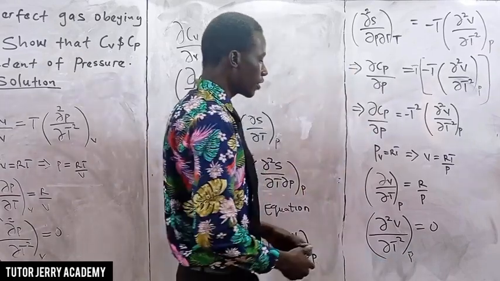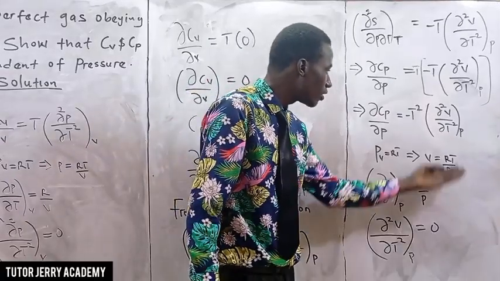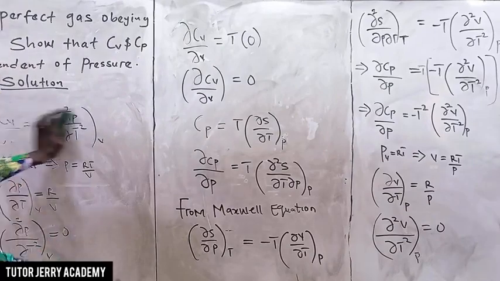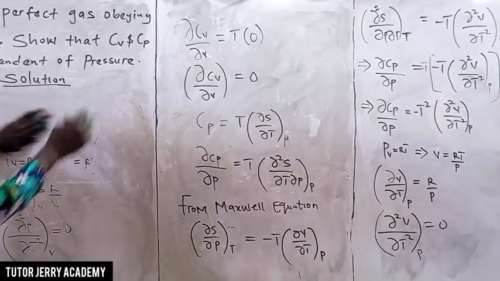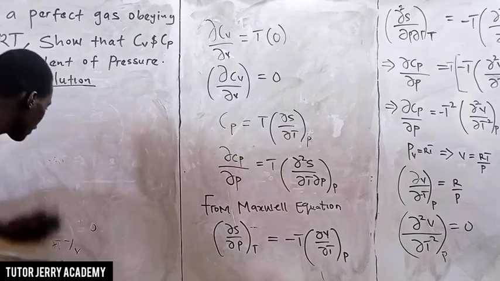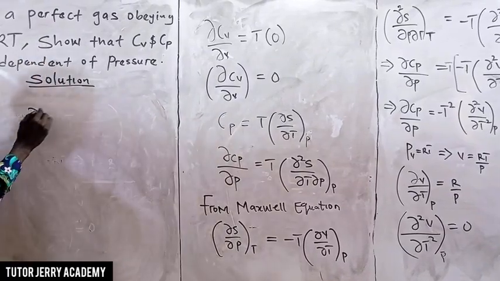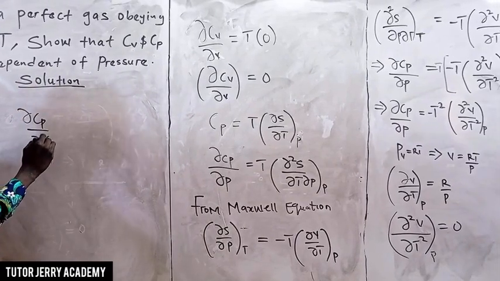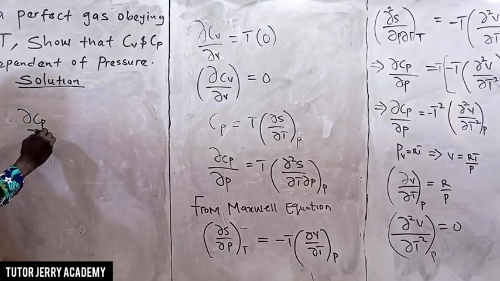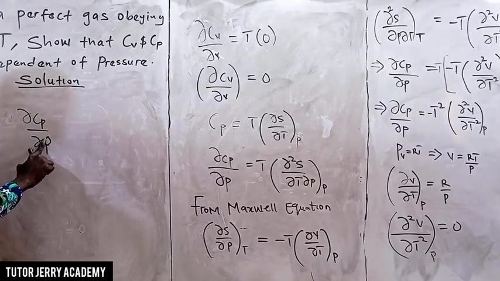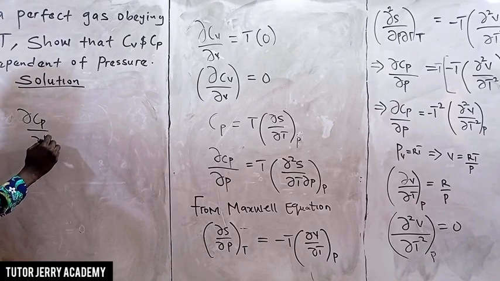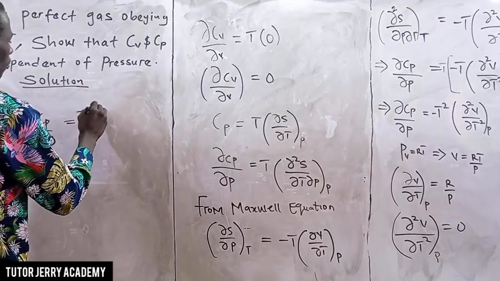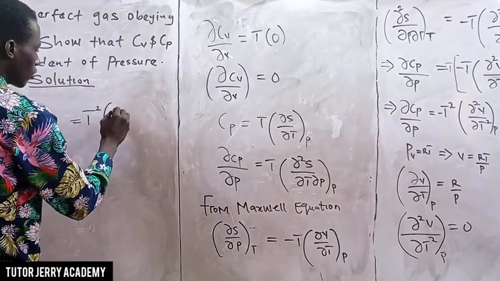Now it implies that we can substitute 0 here in this equation. If we do that, the partial derivative of Cp all over the partial derivative of P will be nothing but T squared into 0.